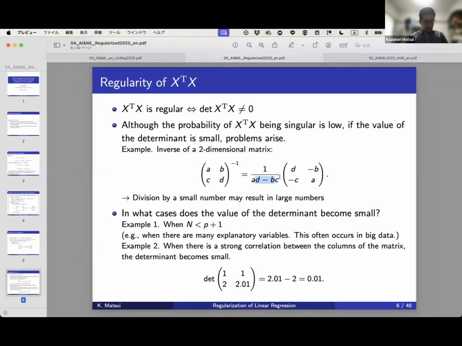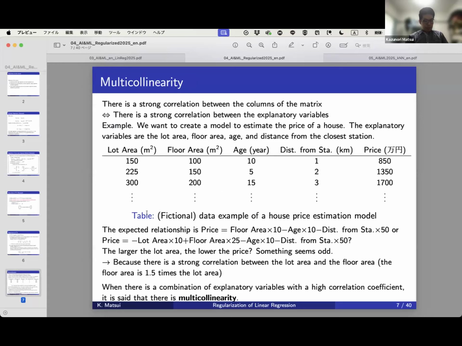If the determinant is small, division by a small number results in very large numbers. The determinant value becomes small in specific situations: when there is limited data or when there is a strong correlation between the columns of the matrix. This occurs when explanatory variables are strongly correlated with each other.